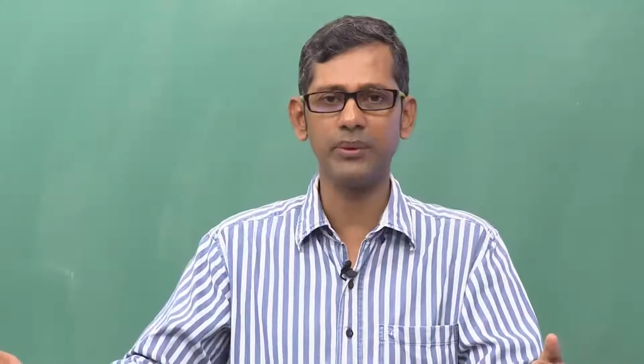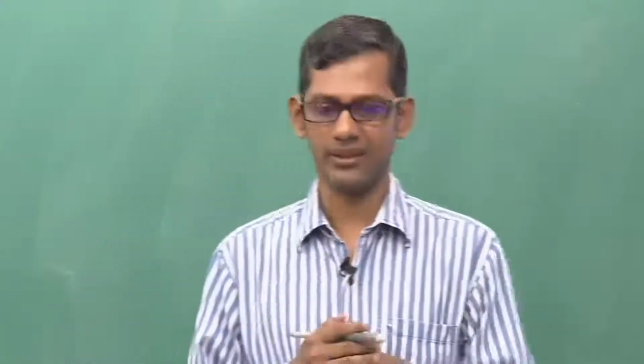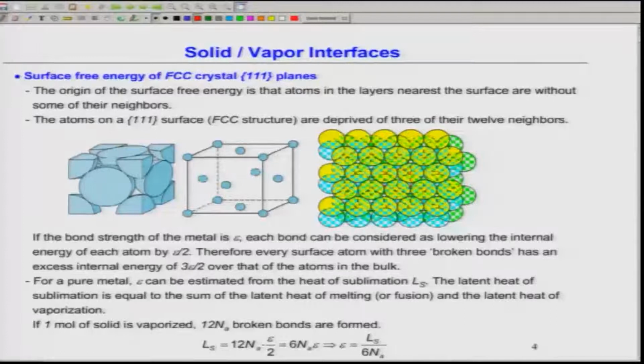Remember, any solid is always in equilibrium with its vapor. So, for surface energy, let us suppose I consider an FCC crystal, that is very easy to understand, and this is what you see, an FCC crystal here, atoms sitting at these face center positions, right. And let us also suppose that the surface is bounded by the 111 plane of the FCC crystal structure, because the 111 plane is the dense packed plane.